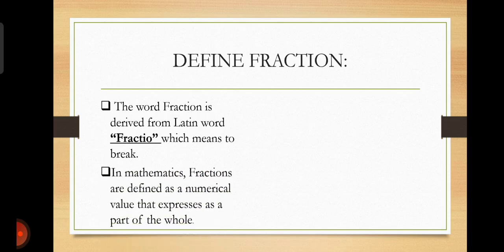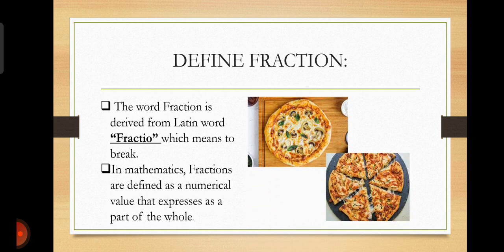In mathematics, a fraction is defined as a numerical value that expresses a part of the whole, which means the triangular slice of pizza is a part of the entire circular pizza or the whole pizza.